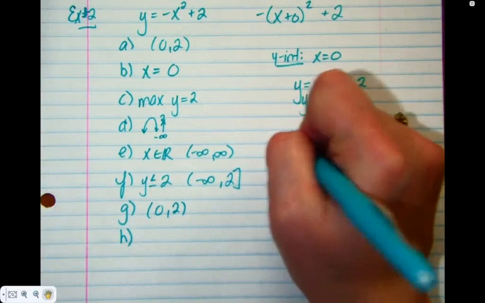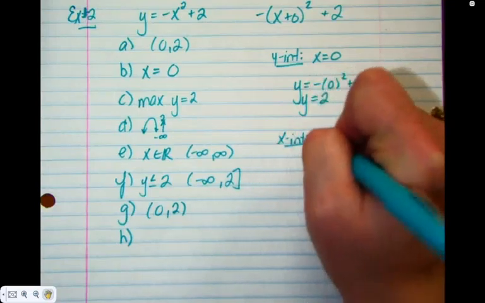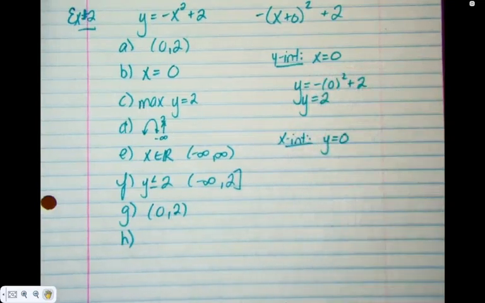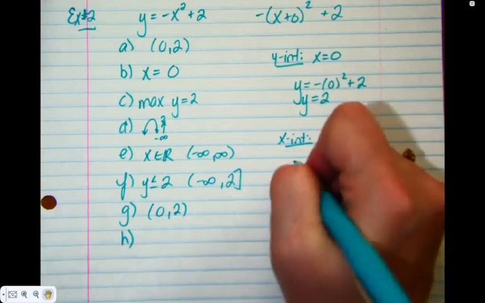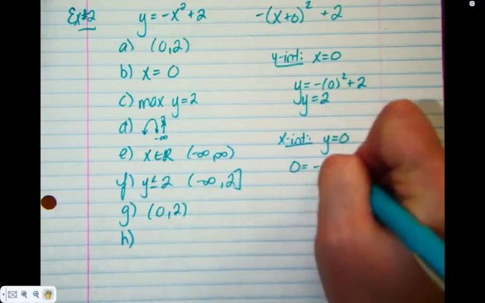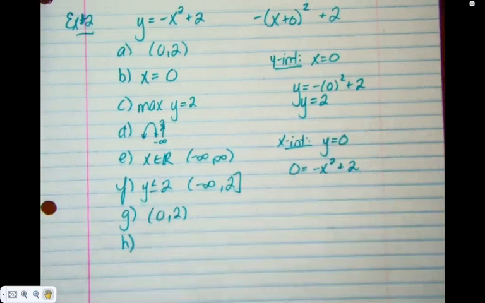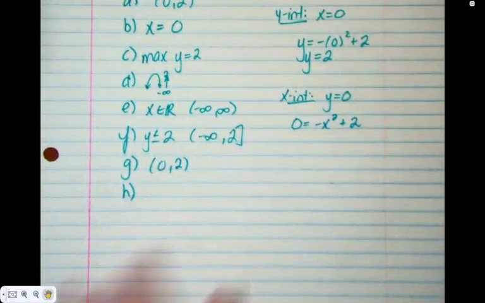Okay, x-intercept. That's where we put y equal to 0. You can use any method you want. I don't care. I use square root because it's easiest.